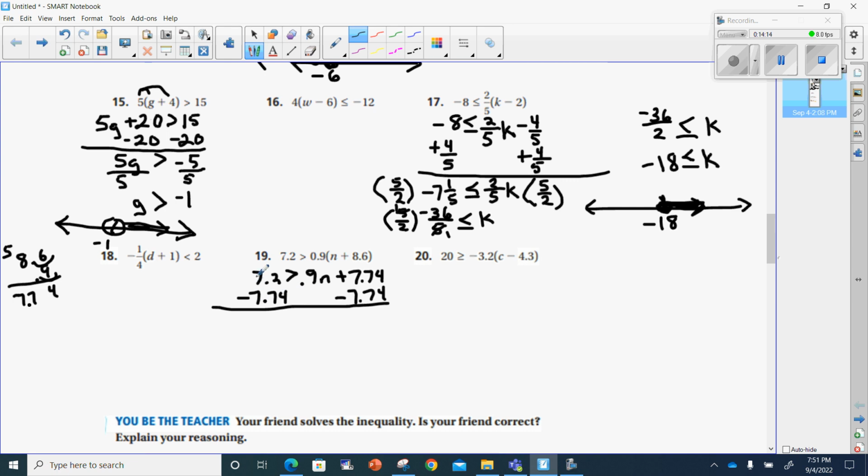I know since my signs are different, I need to find the difference. That's the answer to a subtraction problem, which means I'll take this big number minus this small number. So I'm going to take 7.74, I'm going to minus 7.2.